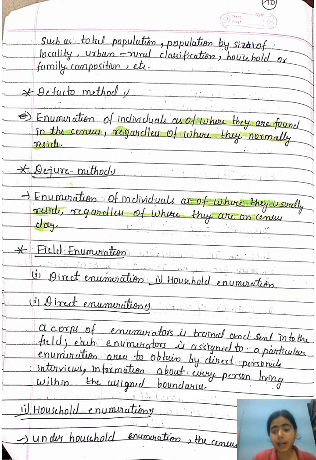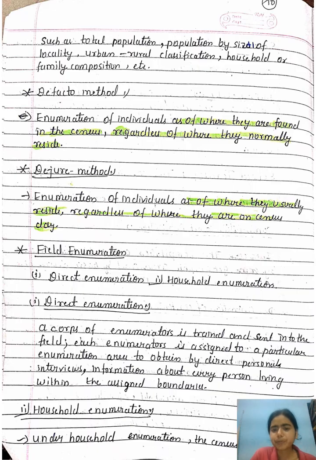De facto method and de jure method I have discussed in one of my videos. De facto method is enumeration of individuals as of where they are found in the census, regardless of where they normally reside.